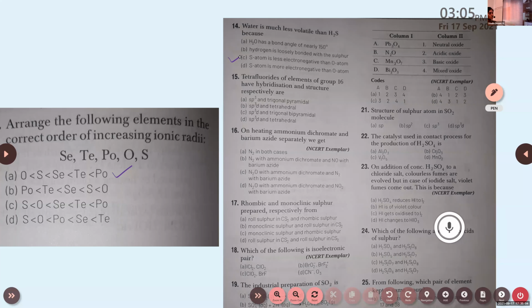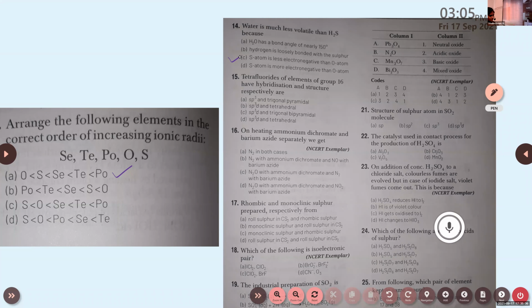Volatile means it is converted to the form of vapors, right? In water, the hydrogen bonding is due to the difference in electronegativity between oxygen and hydrogen. Oxygen is more electronegative, hydrogen is less electronegative. So hydrogen bonding will be there in the H2O molecule, but in H2S there will not be any hydrogen bonding, as sulfur is much less electronegative than oxygen. So option C is the correct answer.